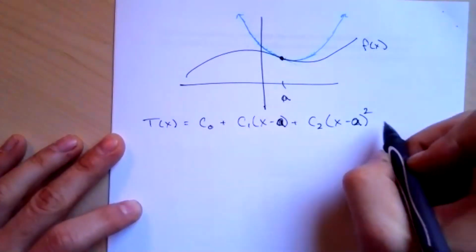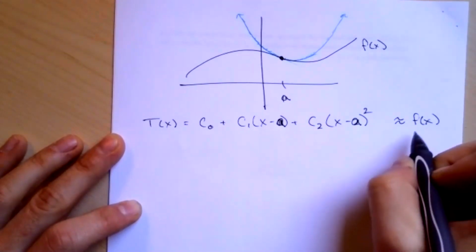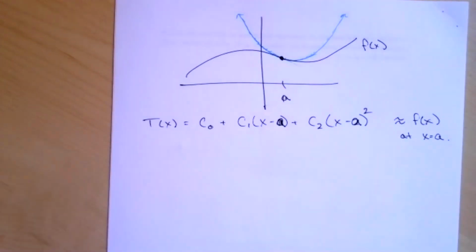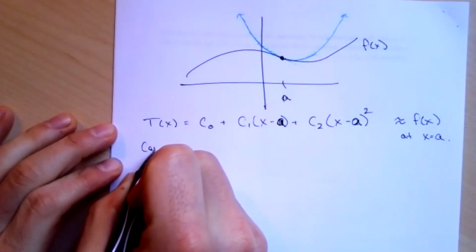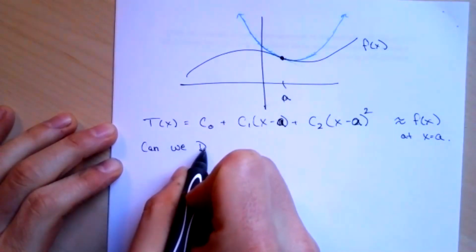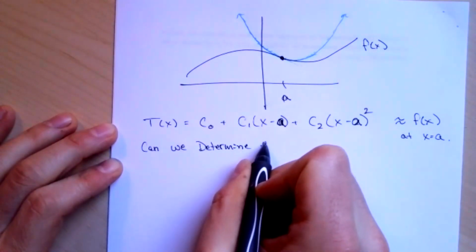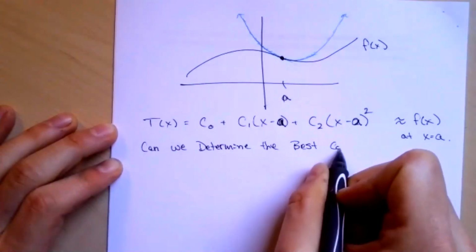And we want this to be close to f of x, especially near values close to that base point, close to where we want to approximate it at. So what would this look like? Is there a way we can solve the best coefficients.